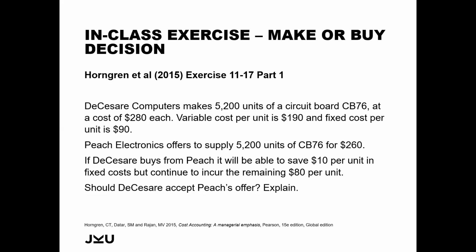Then it wouldn't matter whether we make it or purchase it. But at the price of $260, it doesn't make sense for us. It would still be cheaper if we make it.